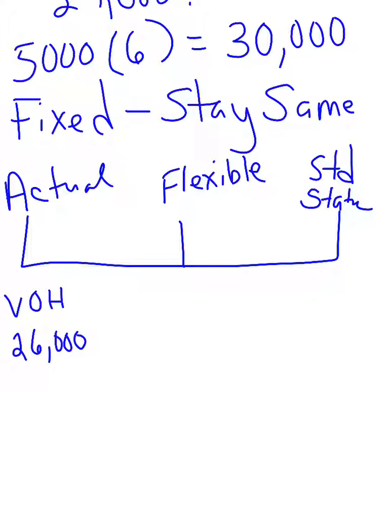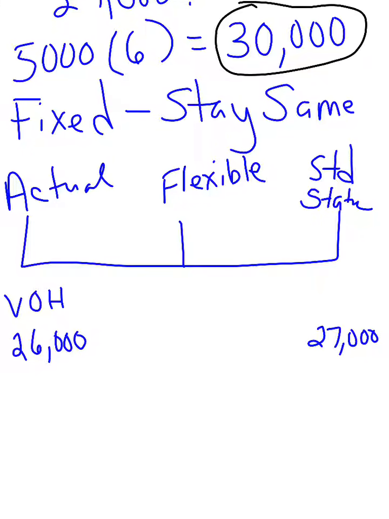Our static budget said we should have been at $27,000. When we did our flexible budget just a few minutes ago, we saw that the flexible budget would have been $30,000.